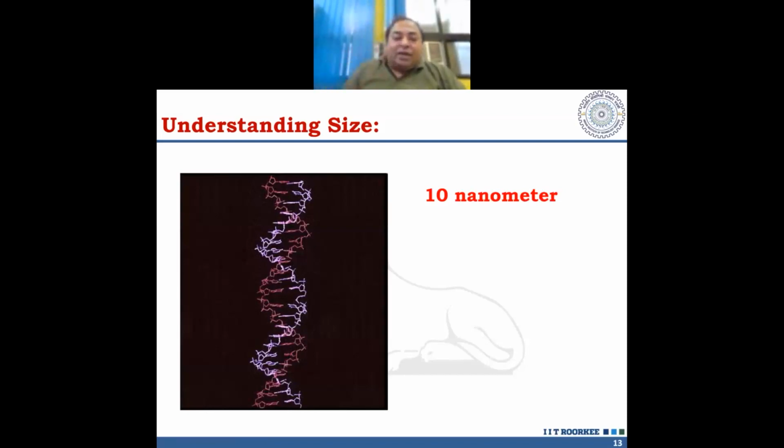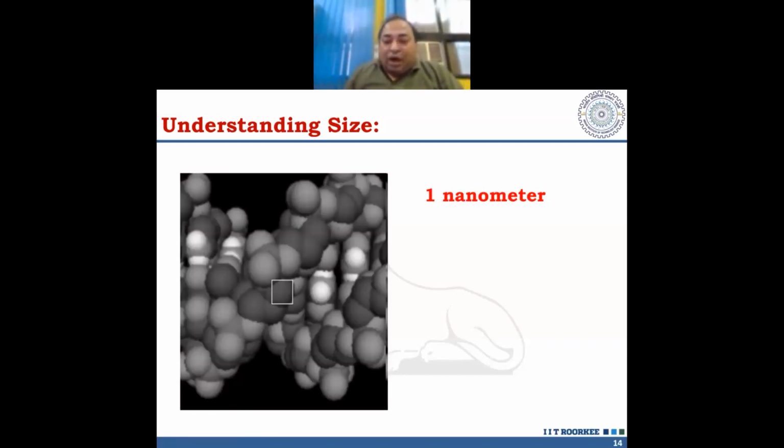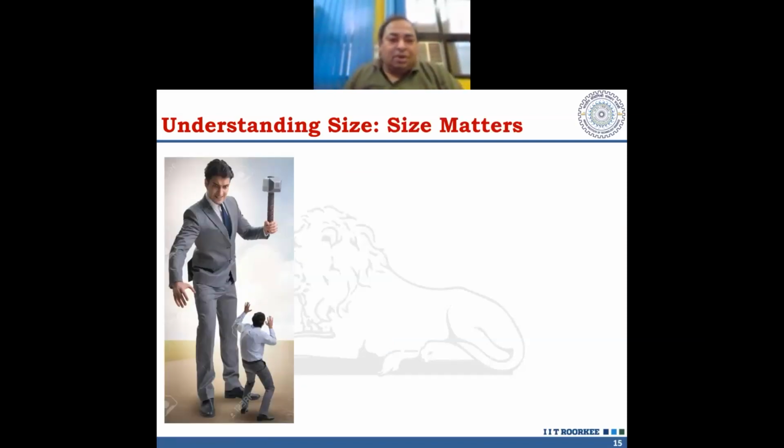We go further, to their DNA, and we arrive at 10 nanometer. We go to the atomic level, we come to 1 nanometer. So, size matters. We have to understand size, and understanding size and changing the properties around the change of size, that's what we are going to study.